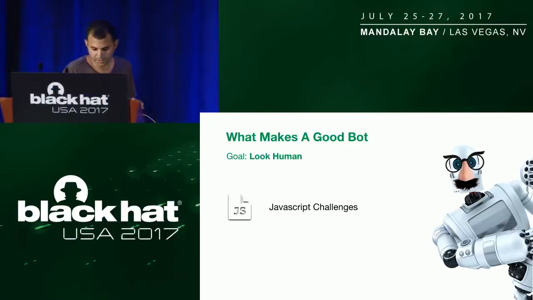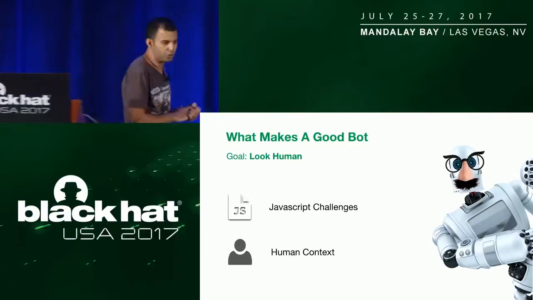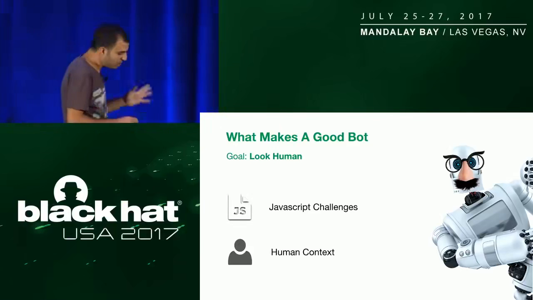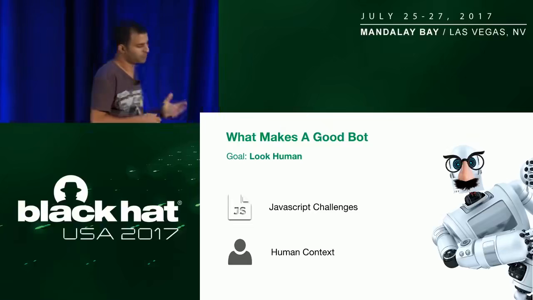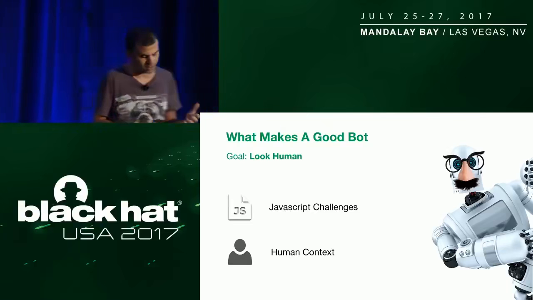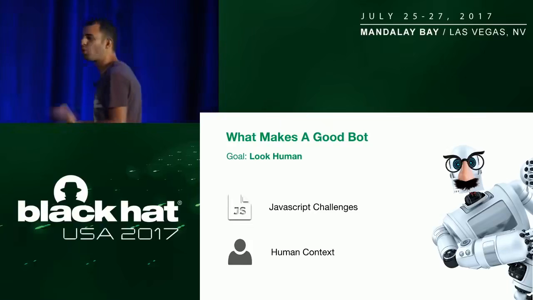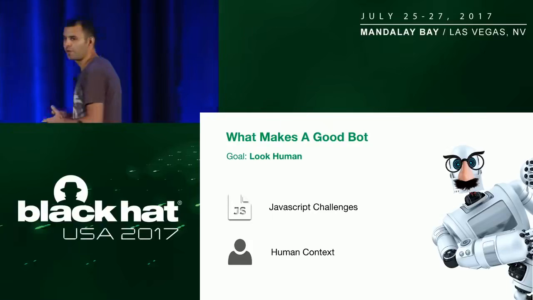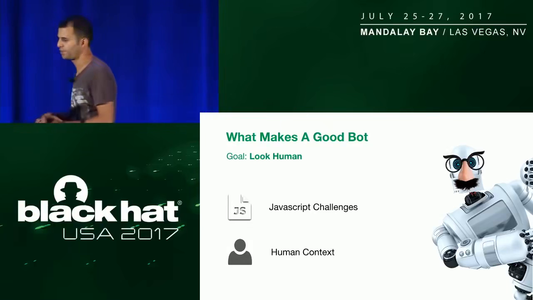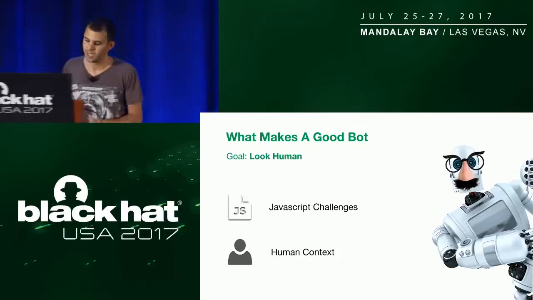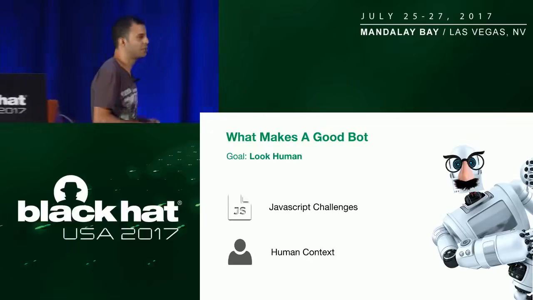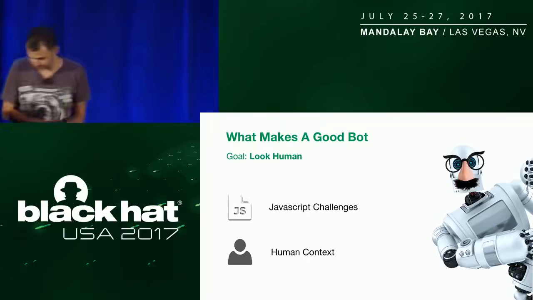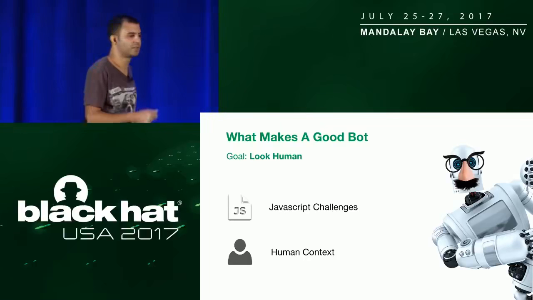The second thing is what I like to call human context. This includes a lot of stuff. For example, mouse movement and keystrokes, and all the human behavior involved when you surf the internet. In addition, the user context here is very important.